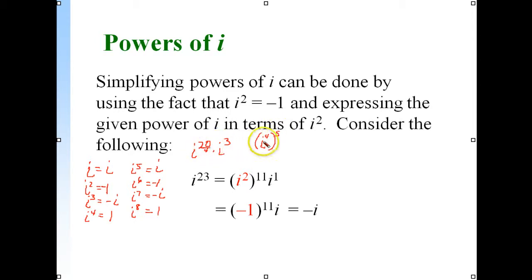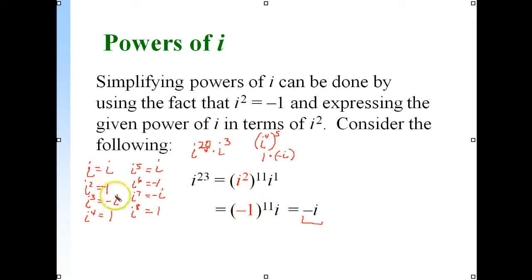That's i to the 20th. i to the fourth is 1. 1 to the fifth is 1. So what's left over? Well, i to the third. So this is going to be a 1 times i to the third, which is negative i. So 1 times negative i is negative i. And that's what they're showing you here.